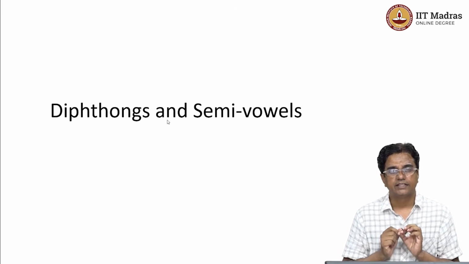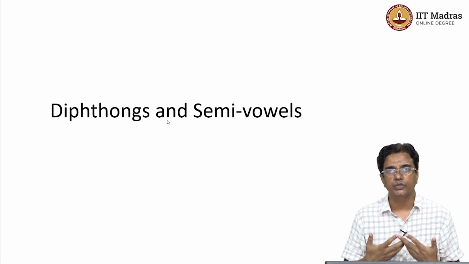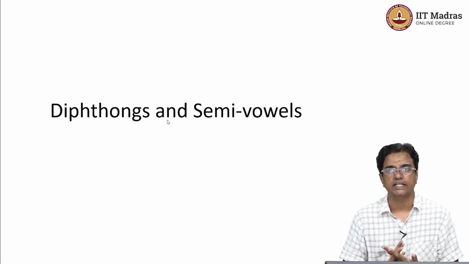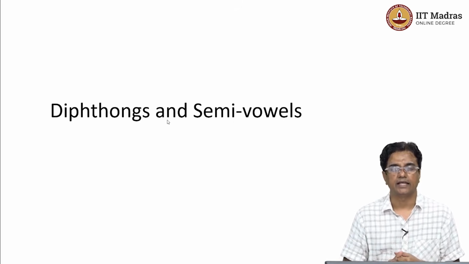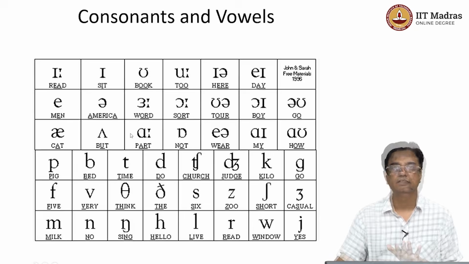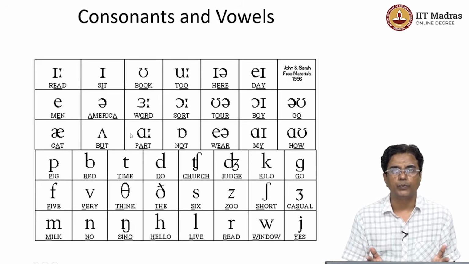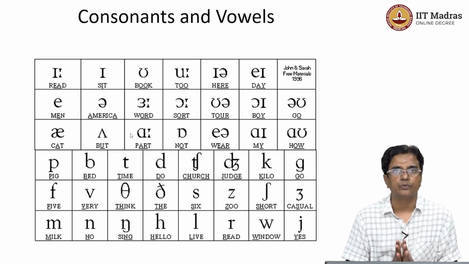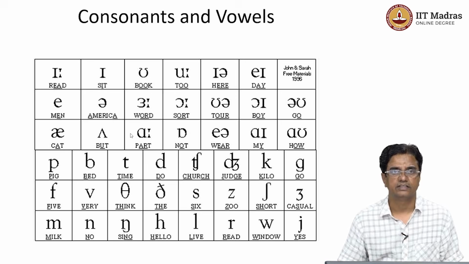Keep in mind, semi-vowels are consonants, and we are going to look at the details of those sounds and how they function. This is what we know as the 44 sounds of English.